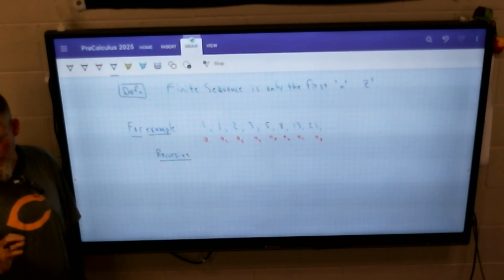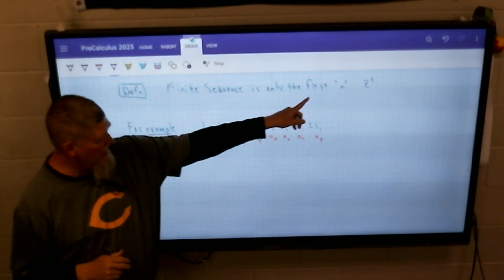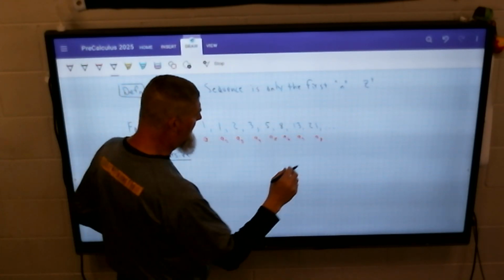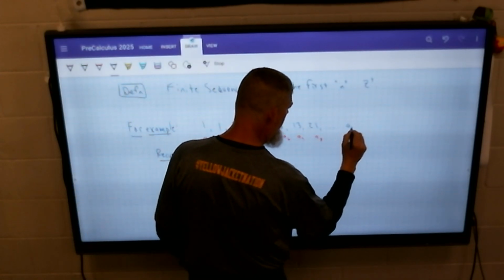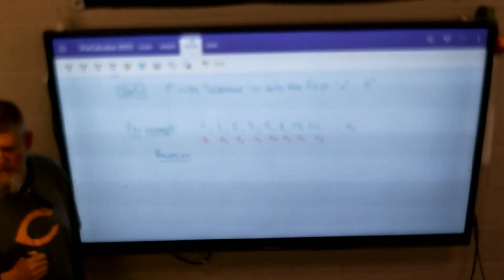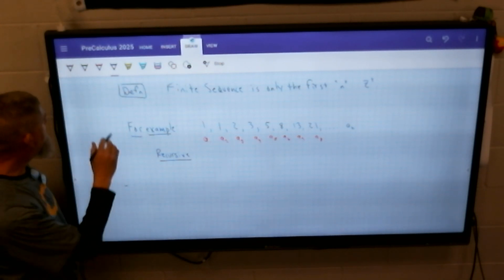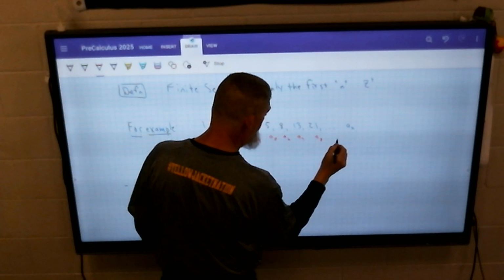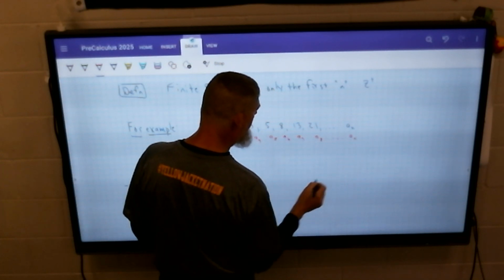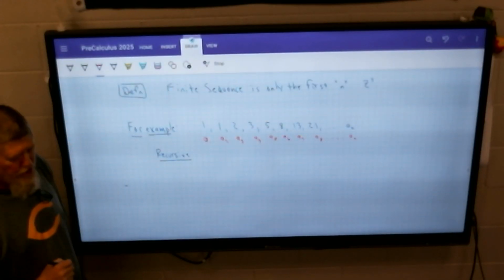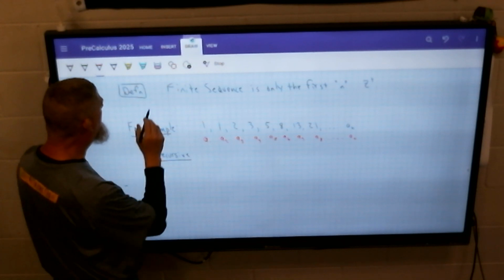Well, how many terms do I want? The finite is the first n terms, right? So the last one is going to be A sub n, whatever term we actually get to.